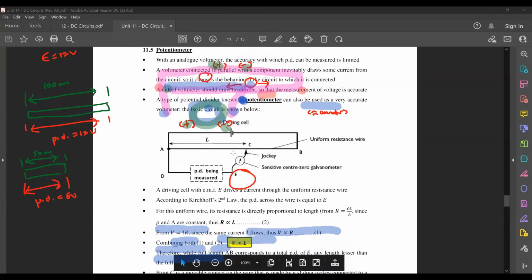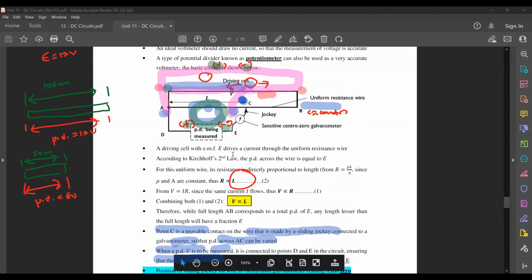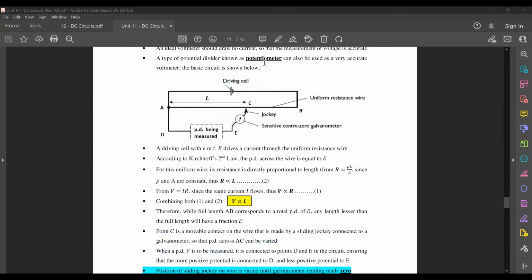To give you an idea of what I mean, we say the potentials VA is equal to VD, VC is equal to VE.